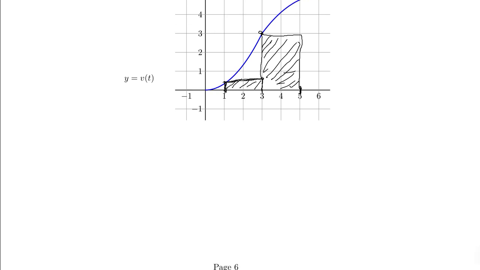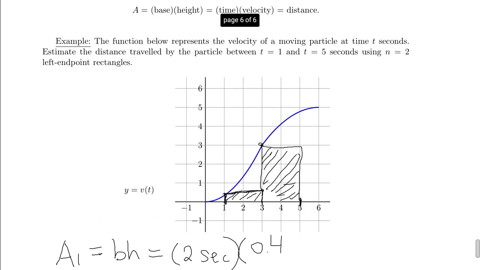And so my first rectangle, A1, its area is base times height again. Our base length is 2 seconds, and our height is going to be our velocity, right? So our velocity here I said was roughly 0.4, and I don't know what the distance unit is, so let's just make one up for this question.